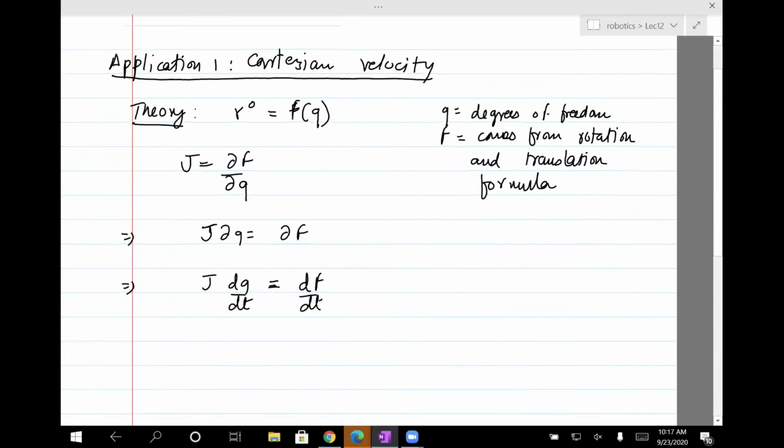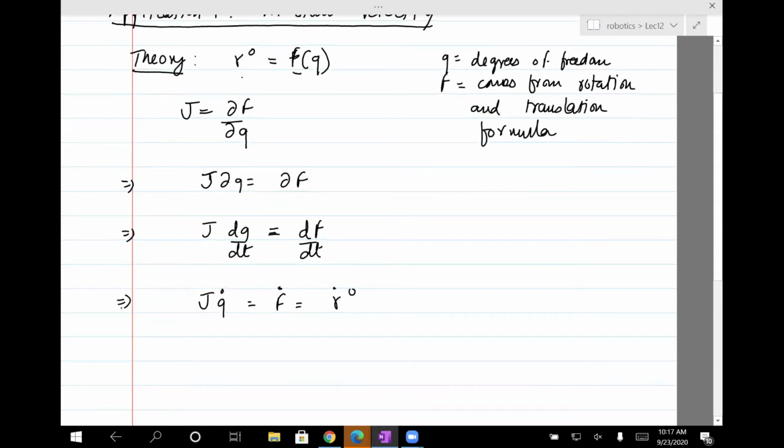And so I can write J q dot equals f dot, but f dot is nothing but r0 dot. So in other words, what I've written down effectively is that the rate of change of r, which is the Cartesian velocity, is equal to J times q dot.